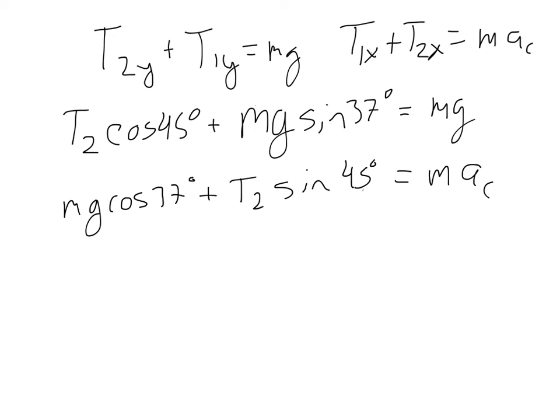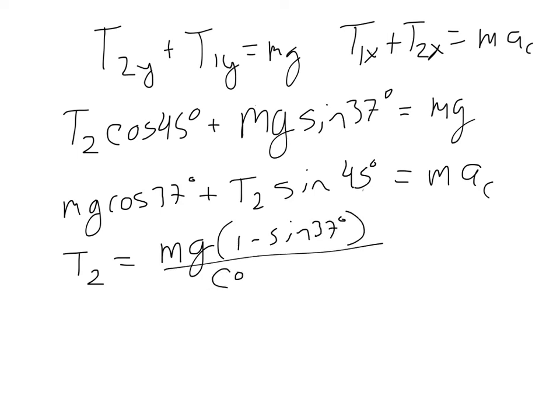Then you'll get some big, ugly thing, but whatever. I think you could just do it by numbers, but the mass wasn't given. It's going to cancel out of everything, so I've got to do this nasty algebra. T2 is going to equal mg times 1 minus sine of 37 over cosine of 45, and that gets plugged in.